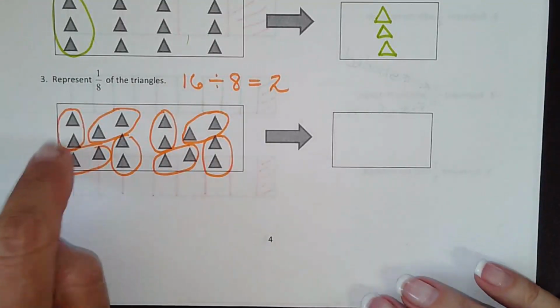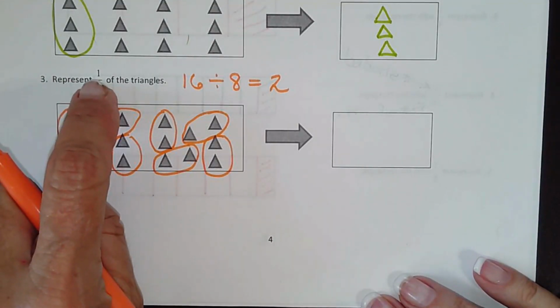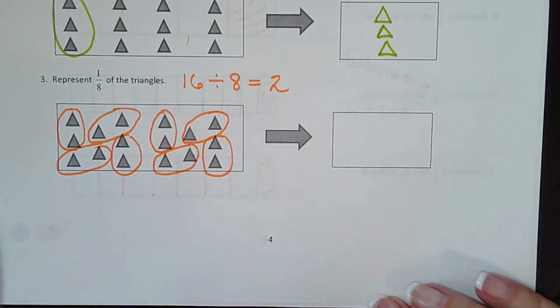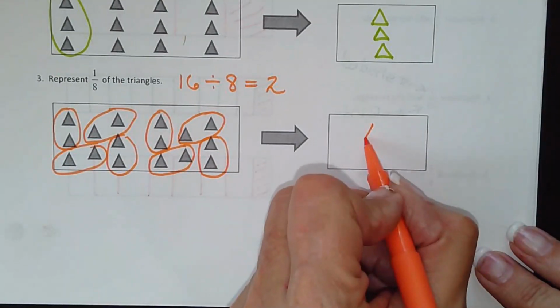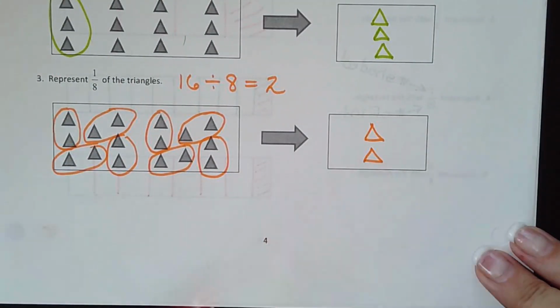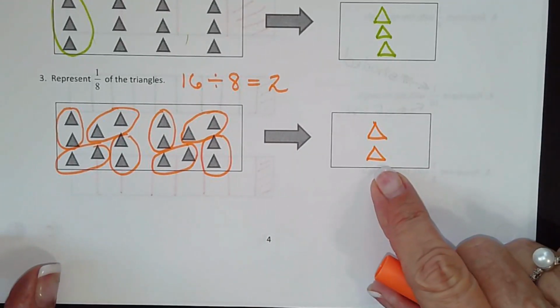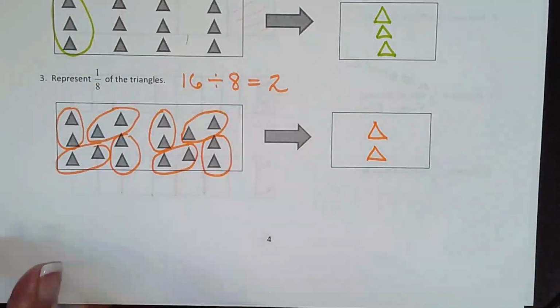So out of the 8 groups, I only want 1 of the 8 groups. So I bring one of the groups over, and it is 2 triangles. So that's considered 1/8 of the entire picture.